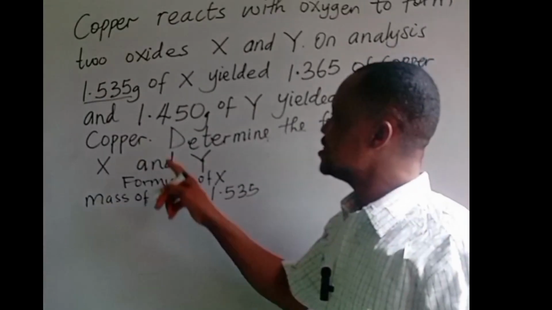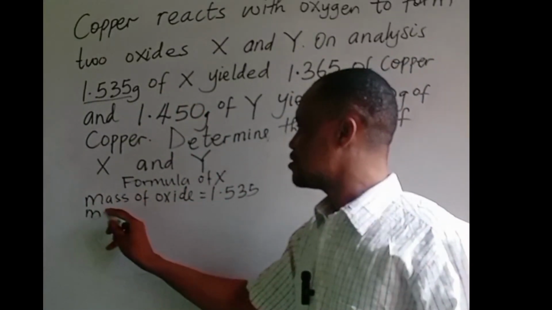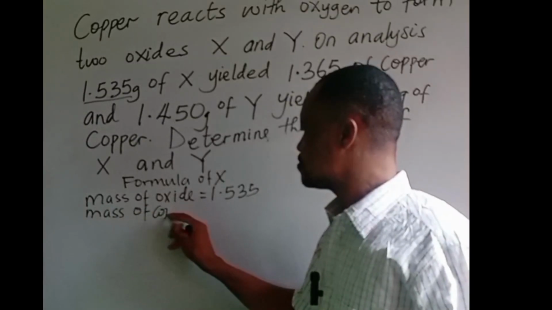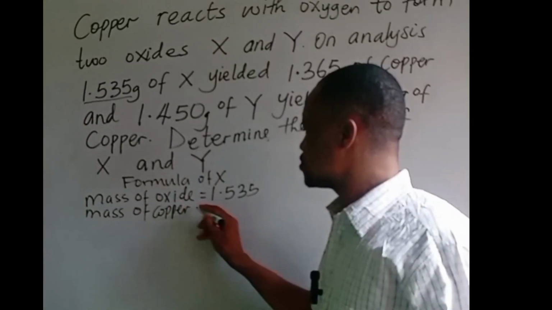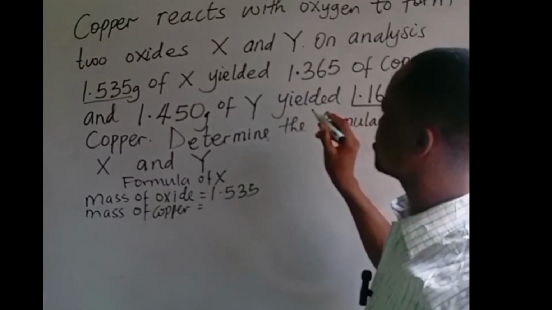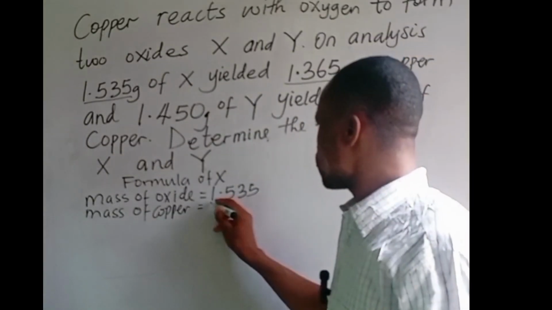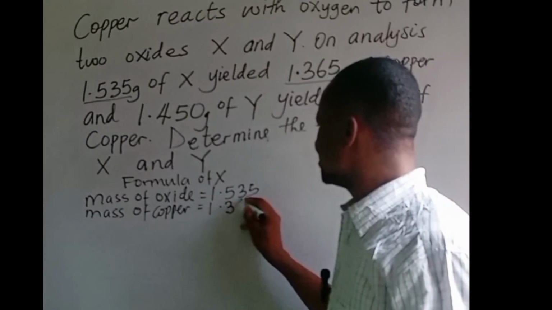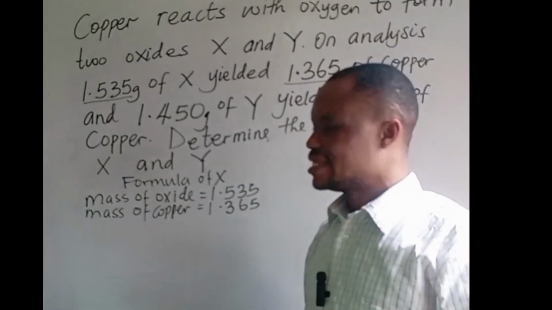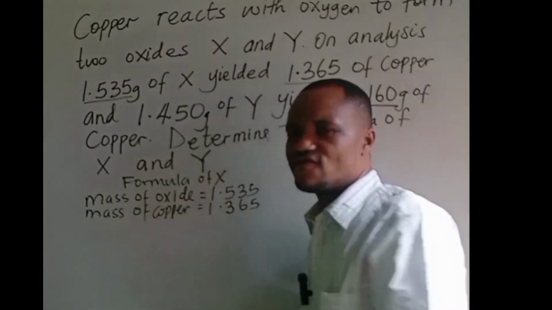Now, next thing is mass of copper. Mass of copper is also given, which is 1.365.